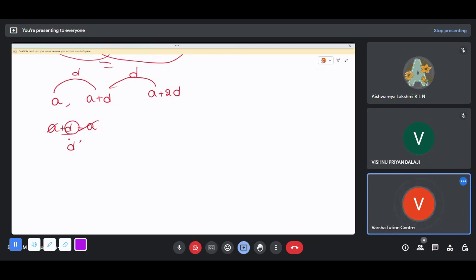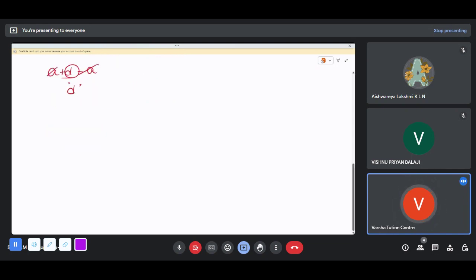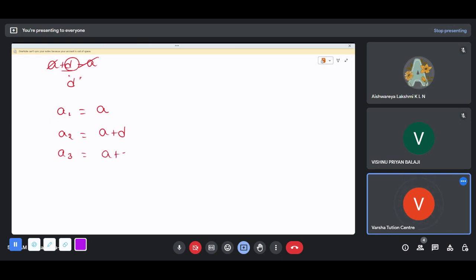Clear? Can you repeat that? The first term we indicate as A1. Its value is A. The second term is A2, with value A plus D. The third term is A3, A plus 2D. Whenever the term is 3, here it is 2.